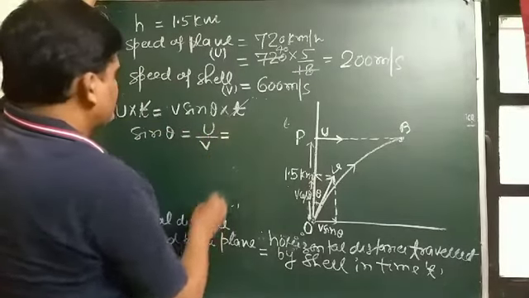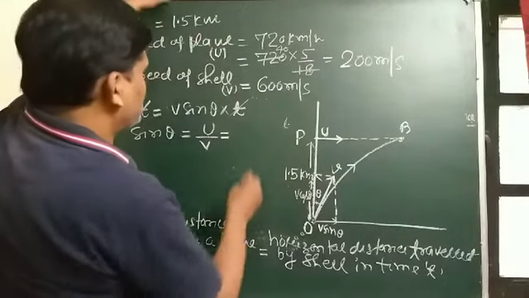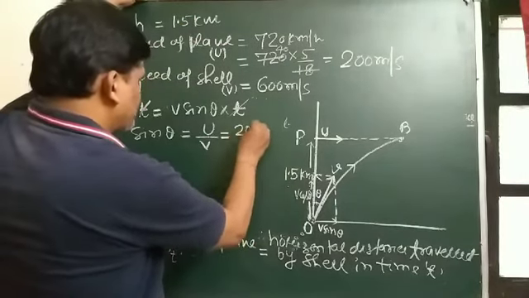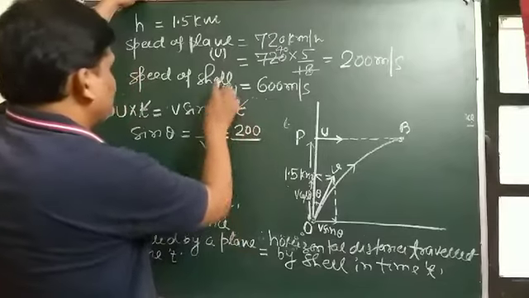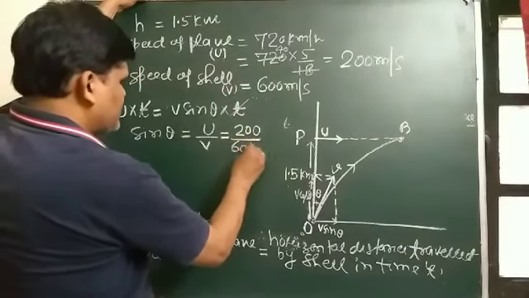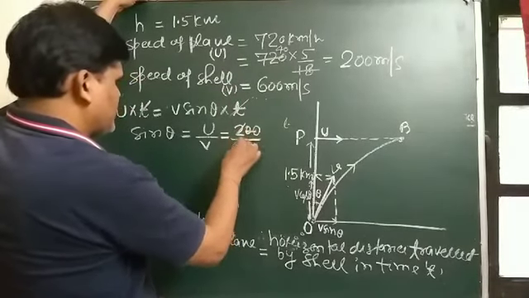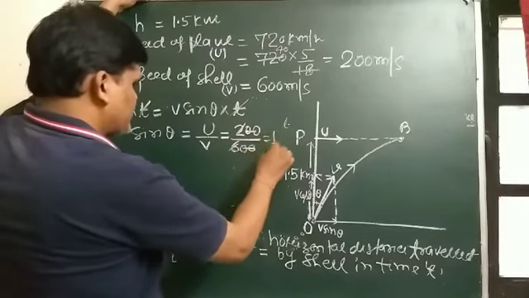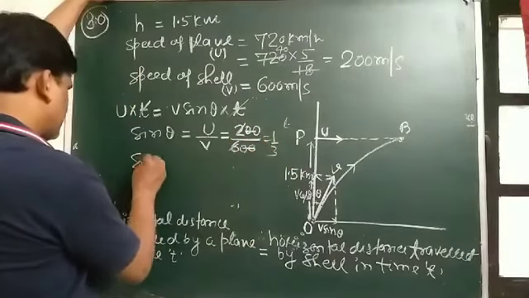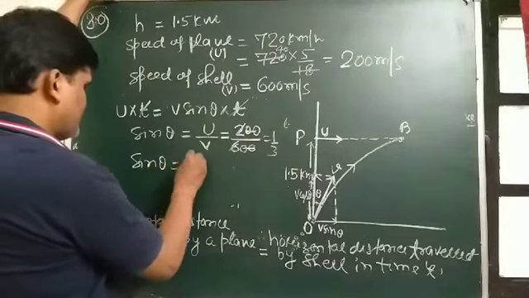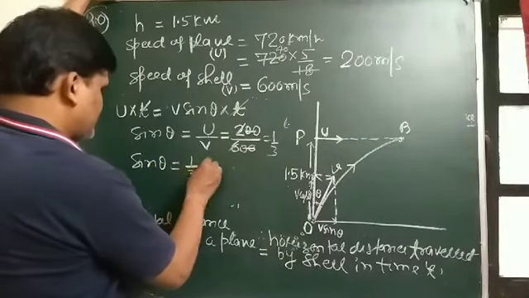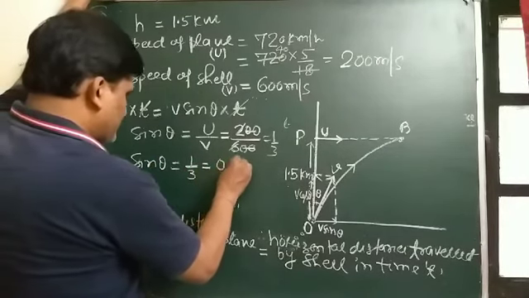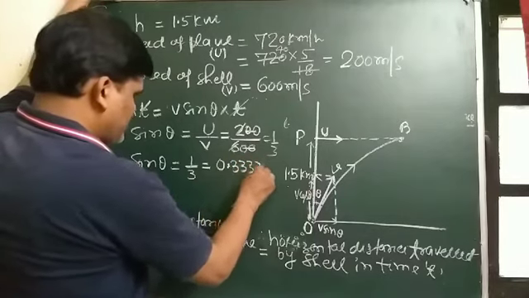And u, that is the speed of the plane, is 200, and the speed of the shell is 600. The zeros cancel out. So sin theta comes out to be 1 by 3, or we can write it as 0.3333.